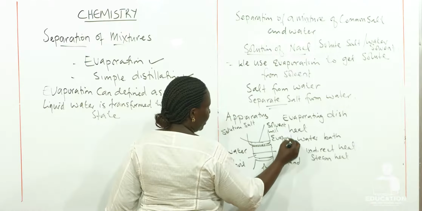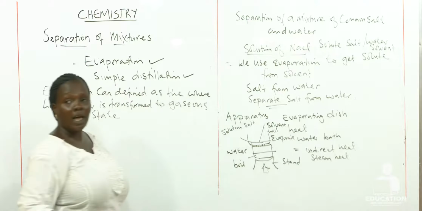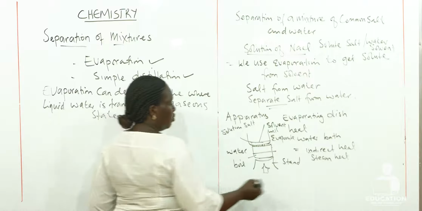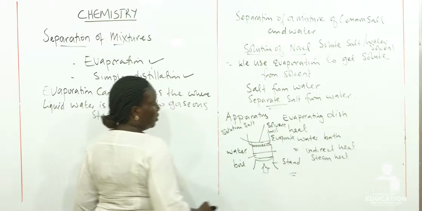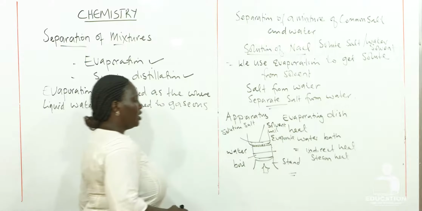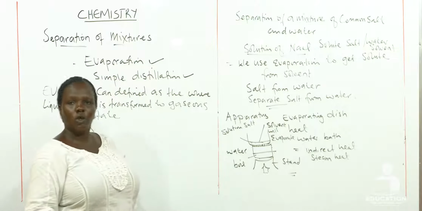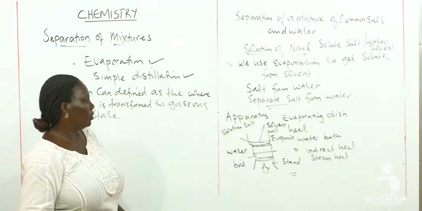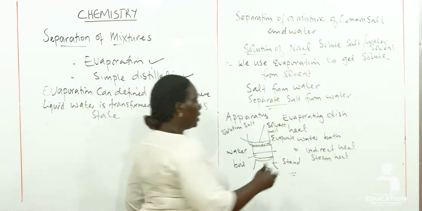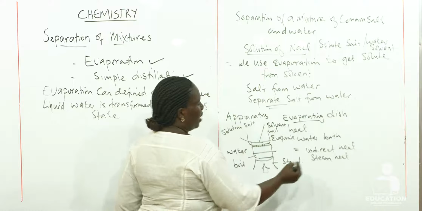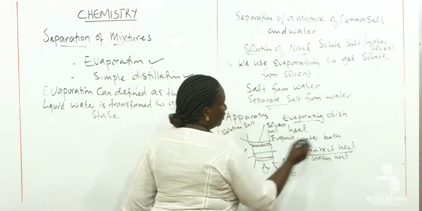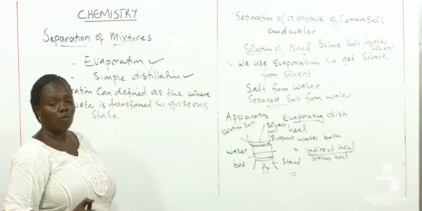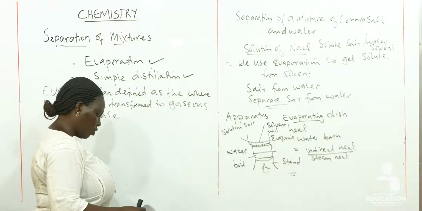So once the solvent evaporates, we will be left with the salt behind. So in this way, we have already separated the salt, that is the solute, from the solvent. We use an evaporating dish, and we heat the solution indirectly, not to lose part of the solute.